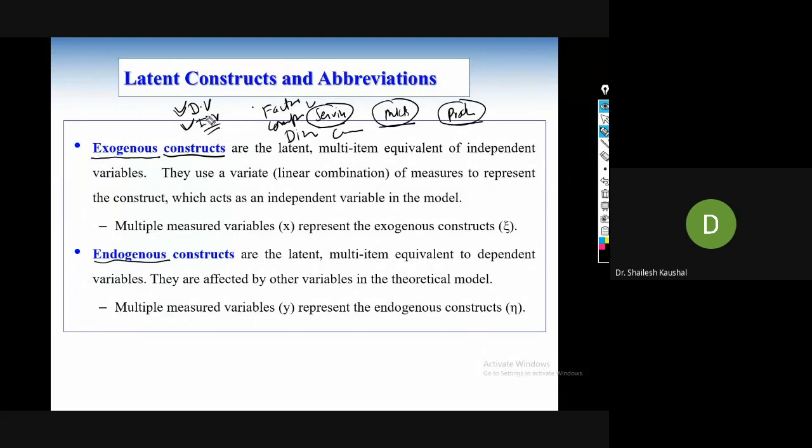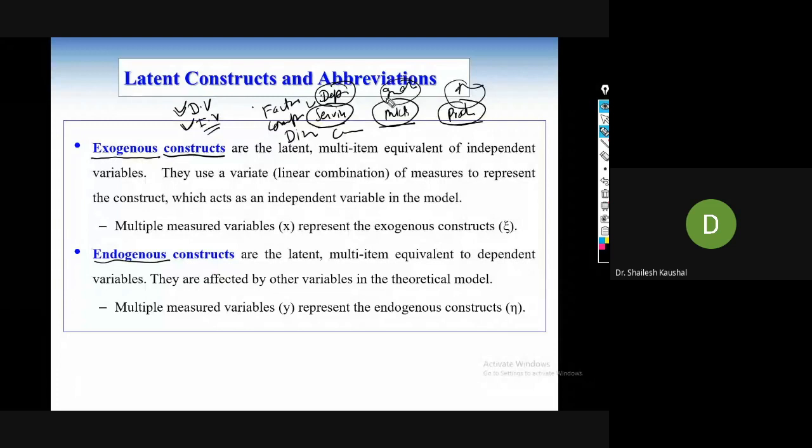After conducting the exploratory factor analysis, we identify three factors. For example, service is, I think, the dependent variable, marketing is an independent variable, and product value is an independent variable.